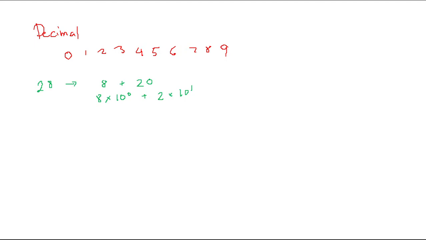That is, if we have the number 132, that would be 1 times 10 to the 2 plus 3 times 10 to the 1 plus 2 times 10 to the 0. Okay, all of them are in powers of 10. That's the phrase I wanted to get to: powers of 10.